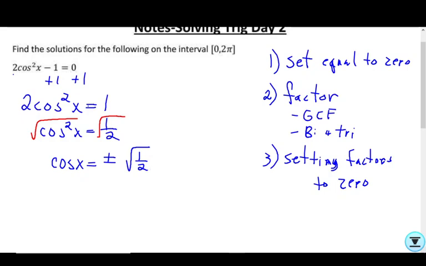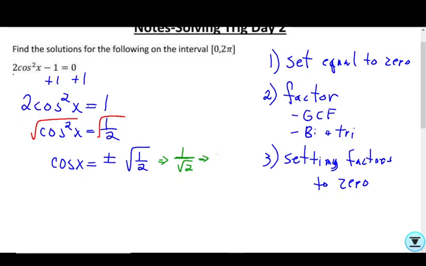And I'm going to do this right over here just so you can see. This is the same thing as 1 over the square root of 2, because when you square root a fraction like that, you can split it up and square root the top and square root the bottom. And the square root of 1 is 1. We've done this before.